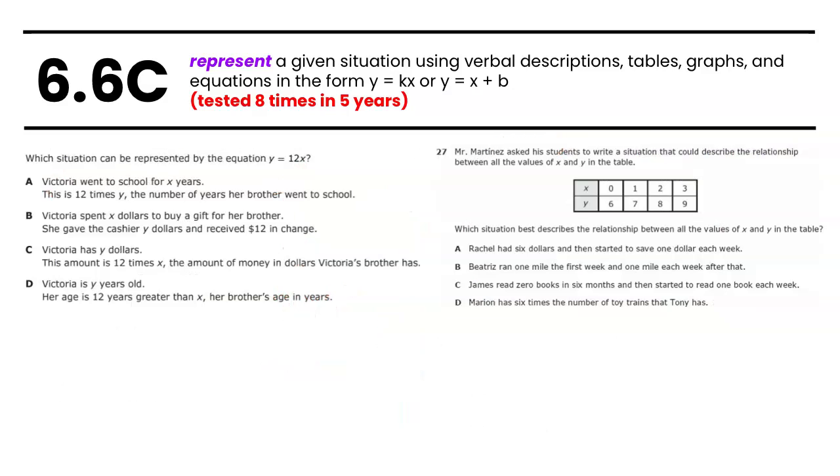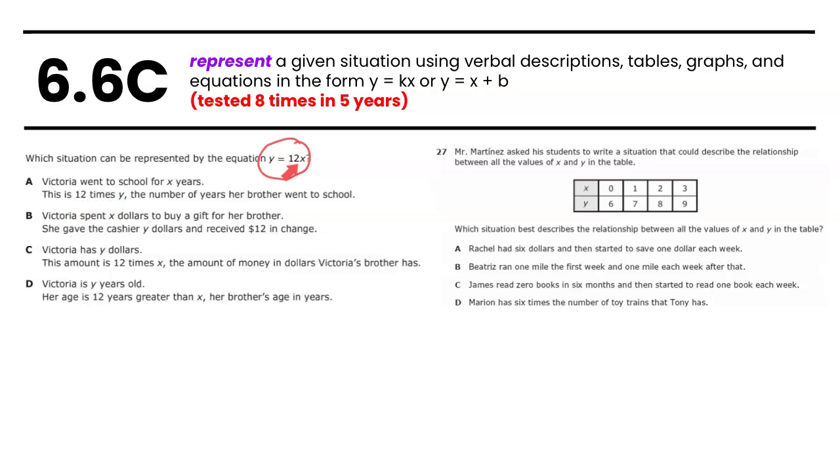These two released items will have students creating a verbal description based on the given representation. In the first problem, we have the equation y is equal to 12x. If you actually go to the second part of each of these answer choices, you'll see that it's actually pretty easy to get the correct answer. In letter A, what we see is that this is 12 times y.